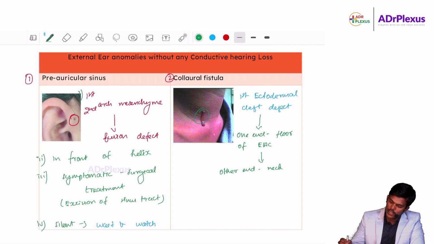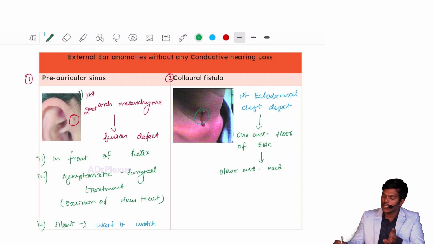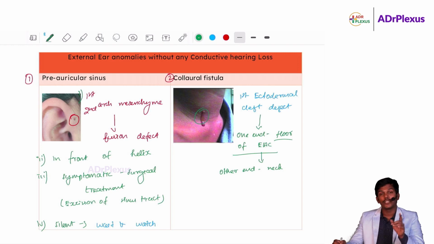See, this is the other end. So the ear end will be present at the floor of the external auditory canal. So the first ectodermal cleft will give rise to the external auditory canal. So if it is defectively fused, it results in a coloboma fistula.